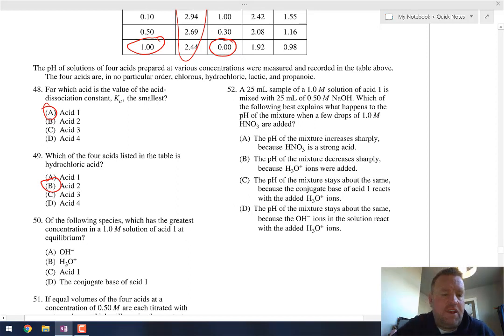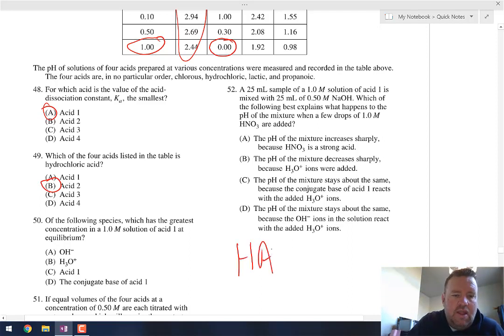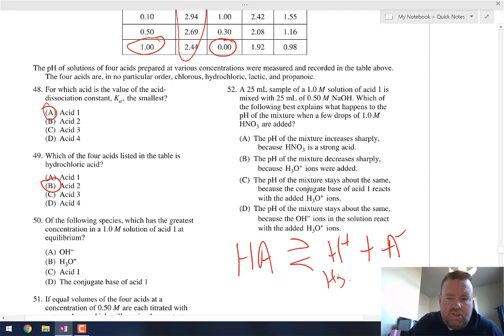And number 50, of the following species, which has the greatest concentration in a 1 molar solution of acid 1 at equilibrium? We don't know what acid 1 is, but whatever it is, let's just call it HA. At equilibrium, you're going to have H+ and A-, and remember, instead of H+, you can have H3O+.